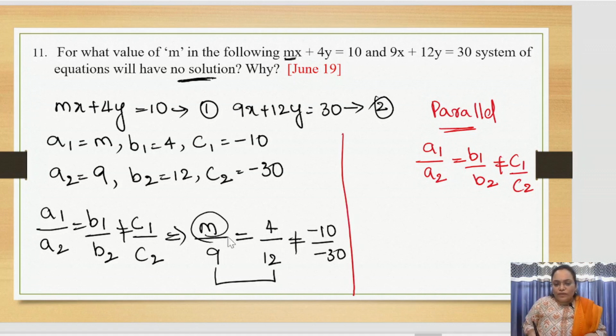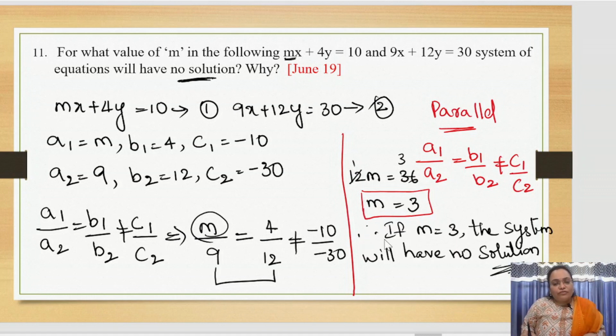When you cross multiply, you will get 12m is equal to 36. Right. So see here, 12 threes are 36. So you will get m is equal to 3. Therefore, for m is equal to 3, the system will have no solution.